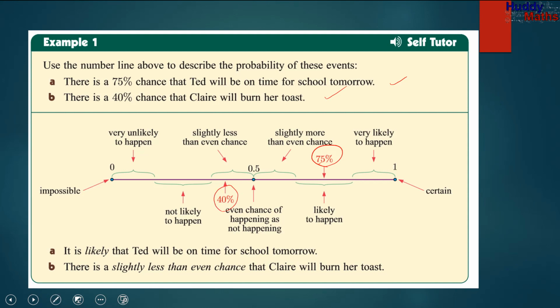It's a little bit less than 50-50 or 0.5. So we're going to use those words there. So the first one, 75%, is likely, and the other one is slightly less than even. Okay, so that's the language we're going to use now to take away different interpretations that people might have with the words and where the probability lies on the number line.